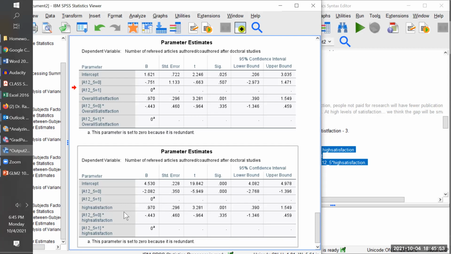That slope is still, for people who are paid, every 1 unit increase in our satisfaction score is an additional publication. We didn't move that 0. That 0 is the same.